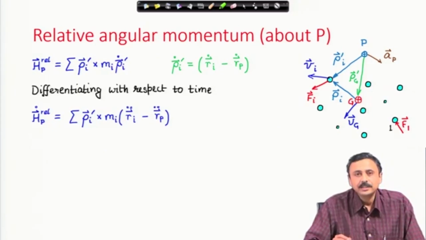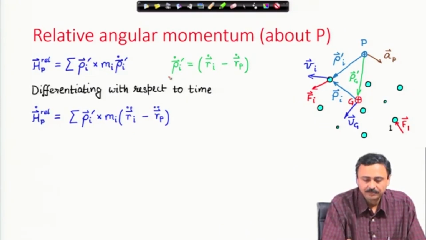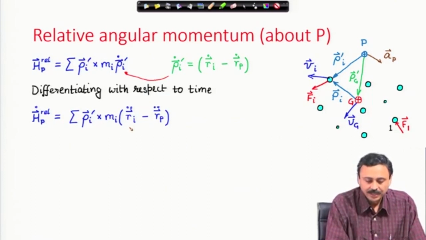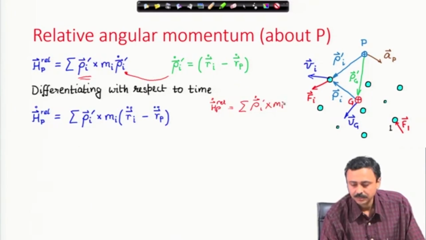Now, if I take the time derivative of h_P rel, I get these terms by substituting this here and differentiating. When I differentiate the first term, I get rho_i prime dot cross m_i rho_i prime dot.